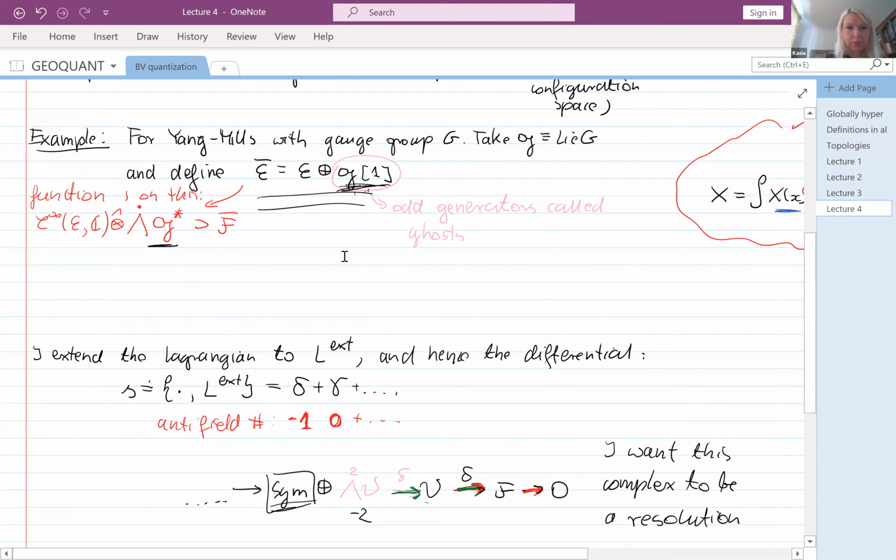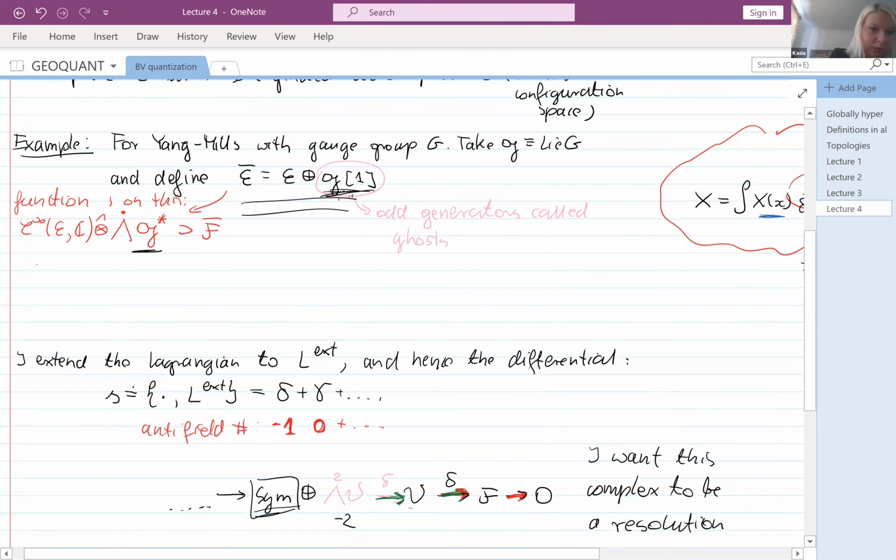So yeah, now the odd cotangent bundle of E, so this would be, well, on the base there is that bit, and now I'm going to take the variables on the fiber. So this is E dual in degree -1. So this is where the antifields are.